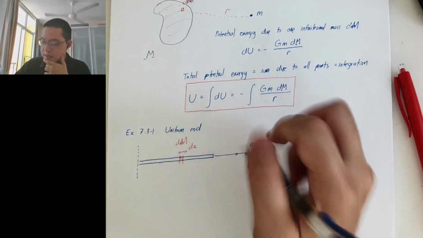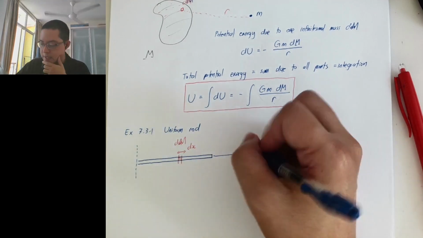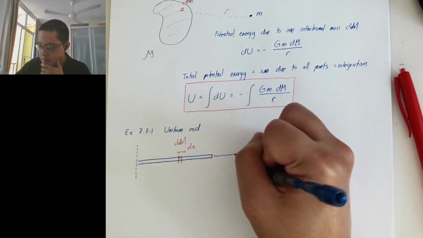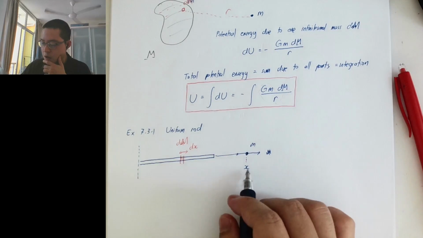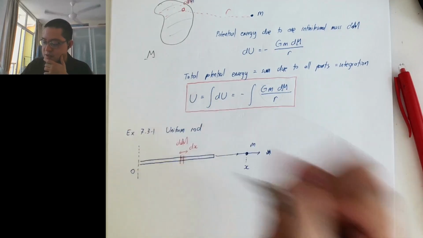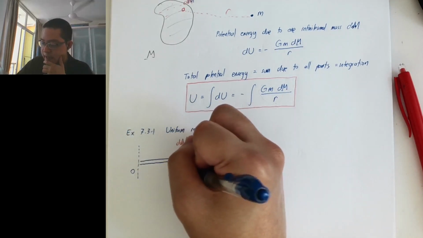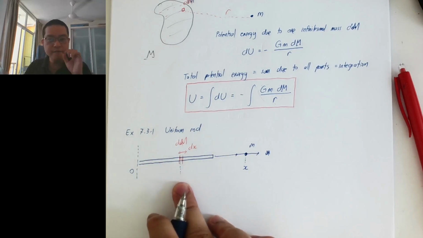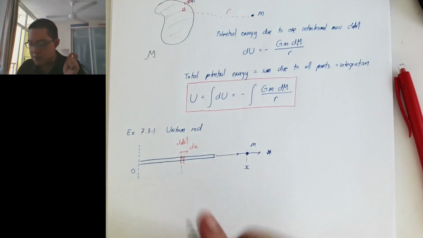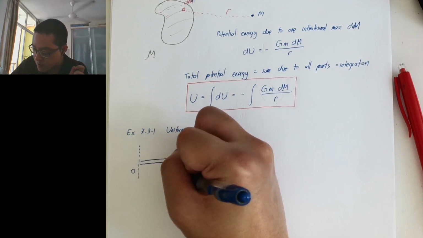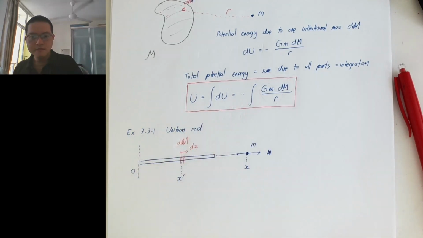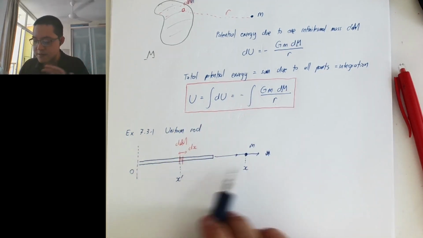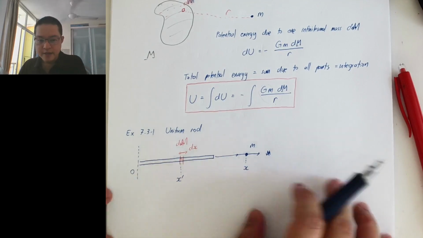The position of small m is something I will call x, and this is x equals 0. Another position, of this section of the rod, I'm going to call x prime. This is just to remind us that there are two different distances over here.